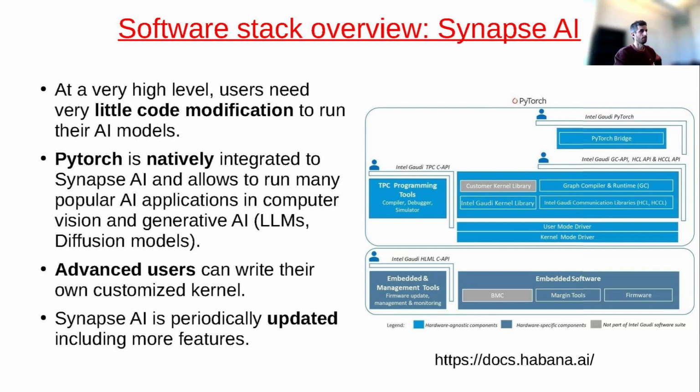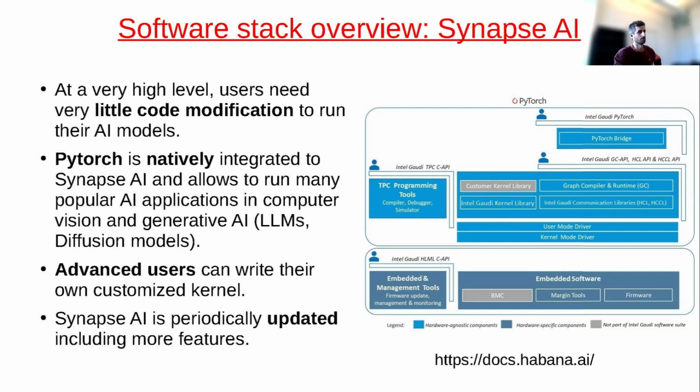So you can run PyTorch that is natively integrated into this Synapse AI, and you can run your AI application. But if you really want to change something from the kernel, build your own operators, you can do that. But that's for advanced users, and I think there are very few people doing that.